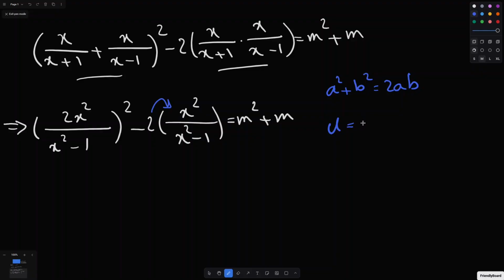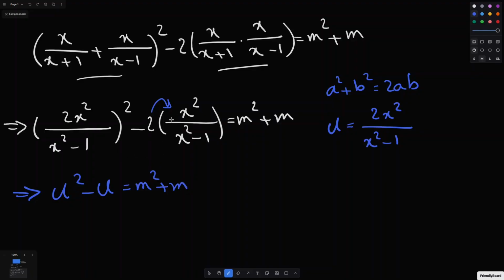In this problem, that's the whole idea. You want to turn a complex looking equation into something that you have already seen before. So if I say u = 2x^2/(x^2-1), then I can just simply write this as u^2 - u = m^2 + m. Okay, that's all I did.